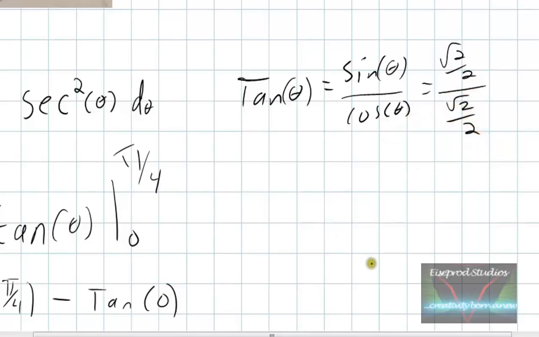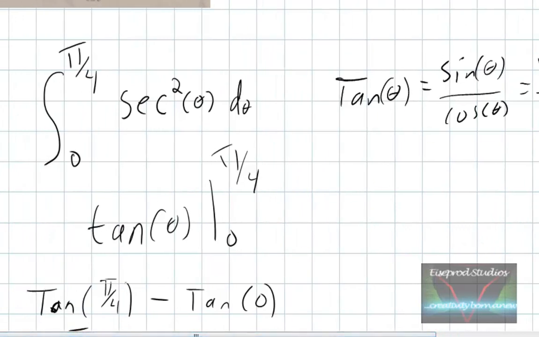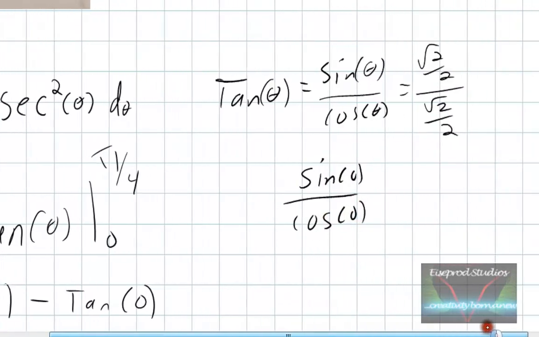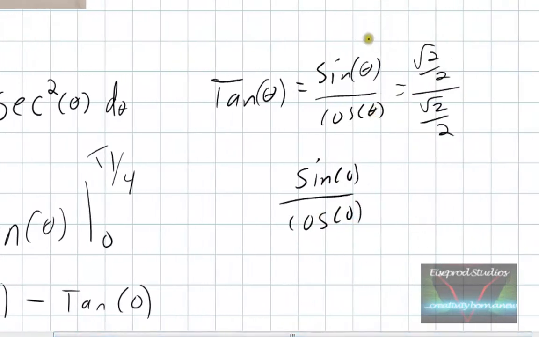If you're more familiar with evaluating these at measures of degrees, pi over 4 would be the same as saying 45 degrees. So going back, also the tangent of 0, well, we would have the sine of 0 over the cosine of 0, and sorry, I should say this is pi over 4 in this case.